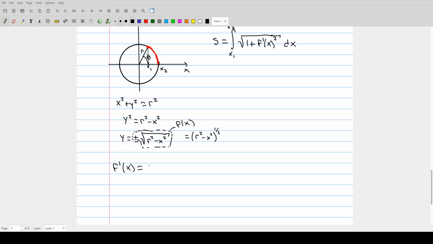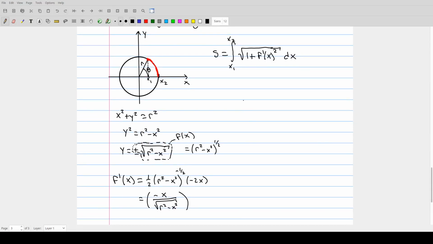Using the chain rule, this is 1/2 times r squared minus x squared to the negative 1/2 times negative 2x, or negative x over the square root of r squared minus x squared. So this is our f prime of x, and this is what we have to plug in to use the formula right here.